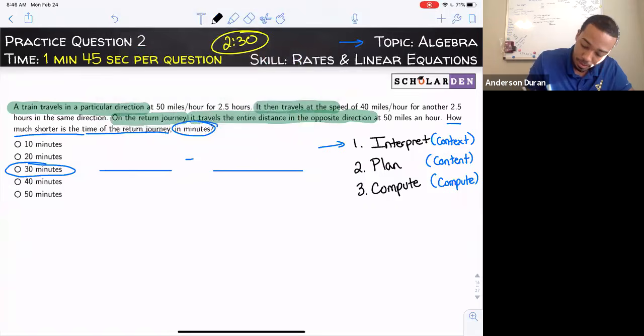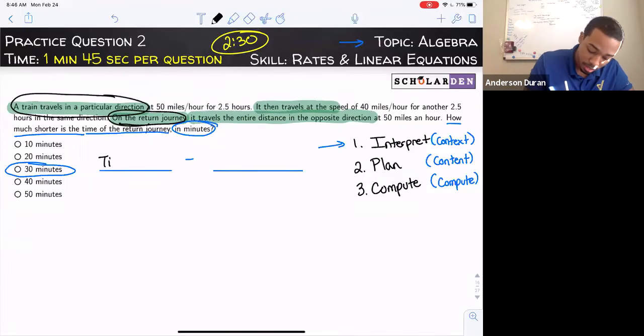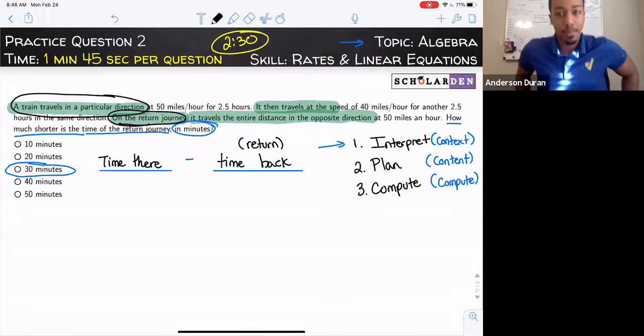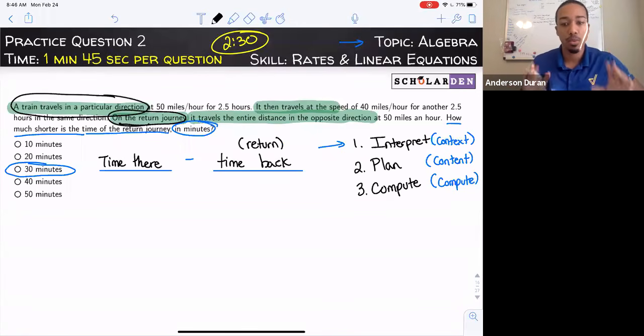We are taking the difference between the return journey and the traveling there. So we're going to subtract the time there and the time back, or the return. So that's my interpretation. I've interpreted it correctly. We're good now.